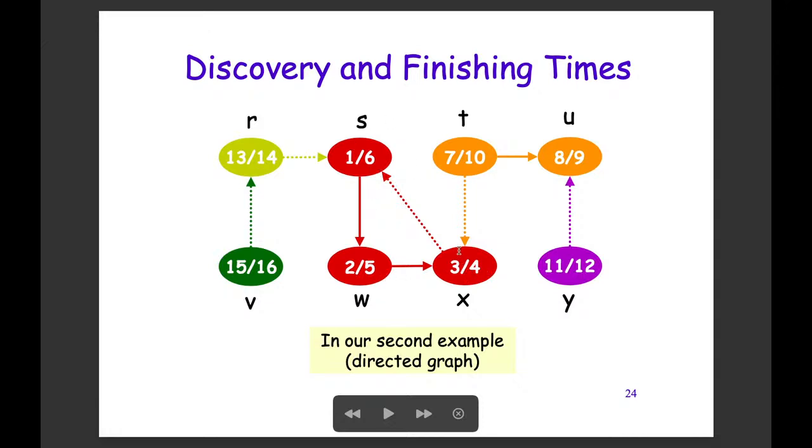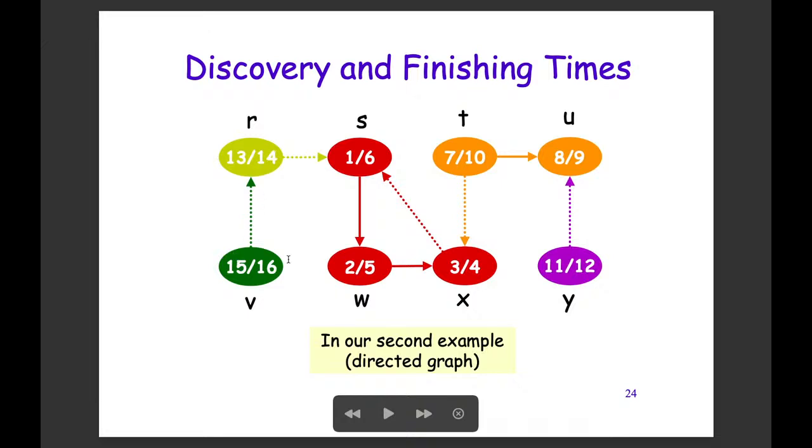After that, we start the remaining process by running DFS on T. At time 7, we are here. Time 8, we are here. Time 9, we are finishing. Time 10, we are finishing here. So this is 7, 8, 9, 10. And then next 11, 12, then 13, 14, and then 15, 16.